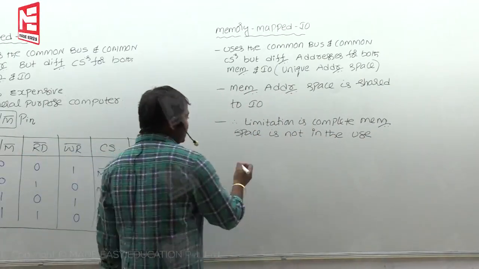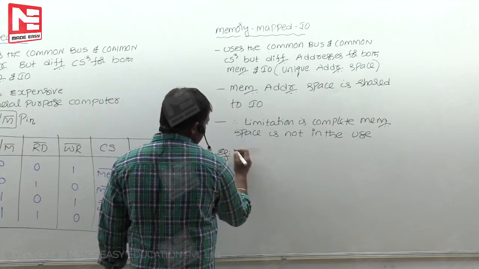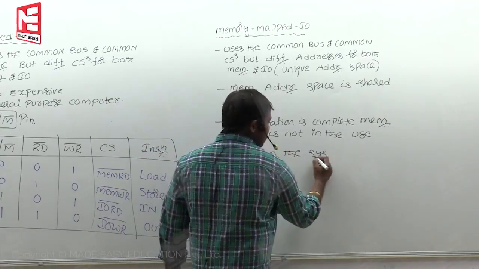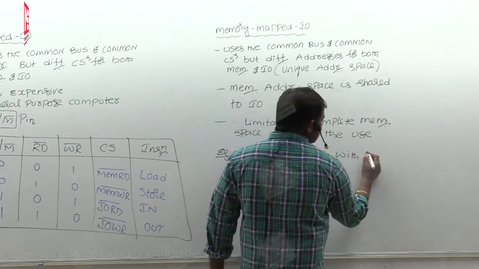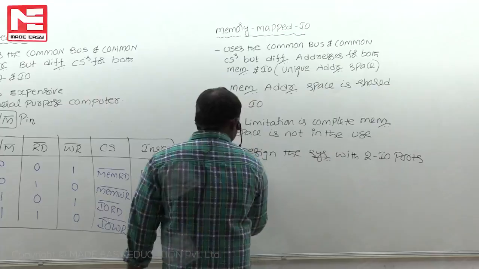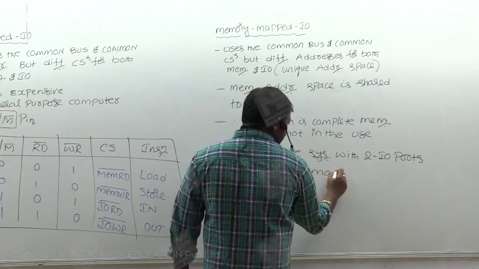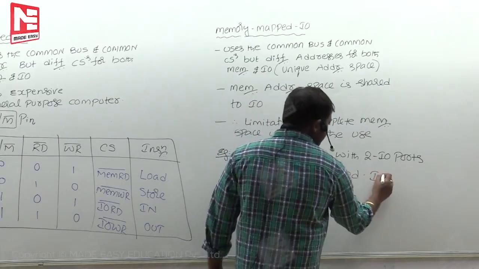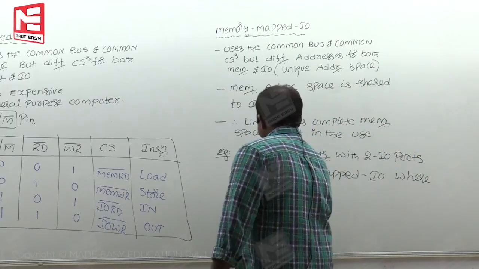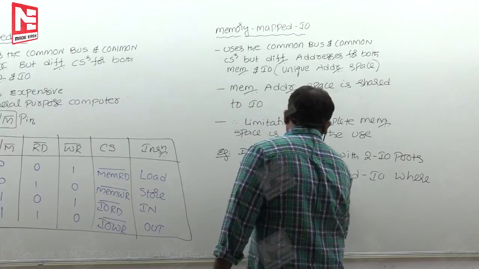Now the implementation is like this. Suppose we design the system with 2 IO ports using memory mapped IO, where memory contains 4 cells.